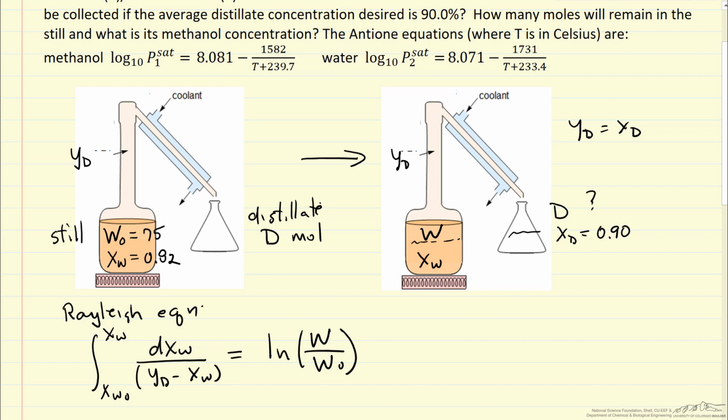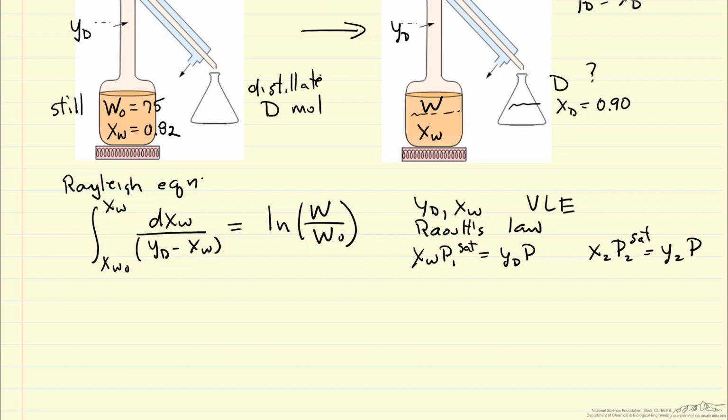Now the important thing, to be able to solve this equation, we have to relate YD and XW, and this we do by relating a vapor-liquid equilibrium expression. And because it says ideal solution, we're going to use Raoult's law. So note for component 2, for water, I use the subscript 2. I use the subscript 1 here for the saturated pressure. I could certainly put a 1 for XW and YD, but to make things not too complicated, I won't do that.